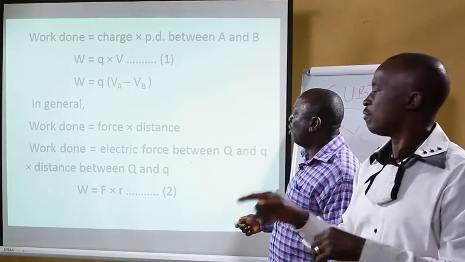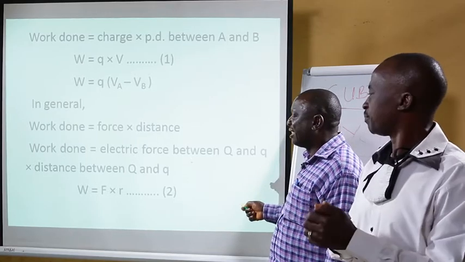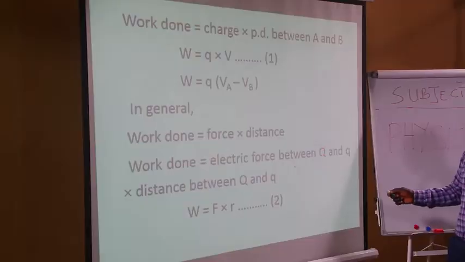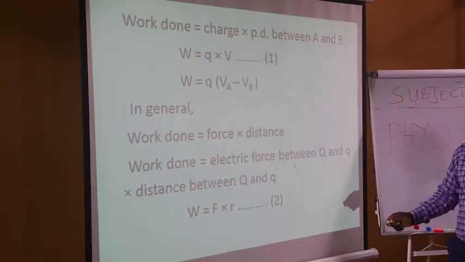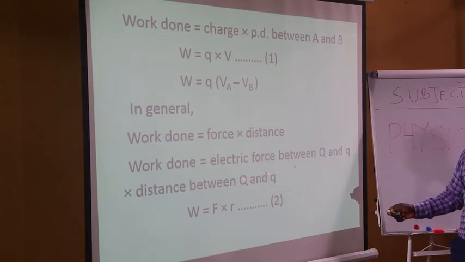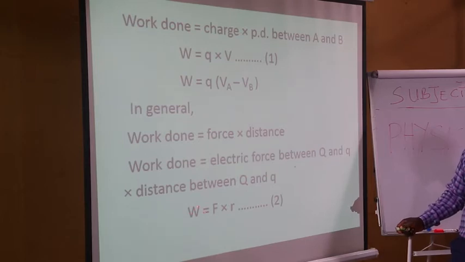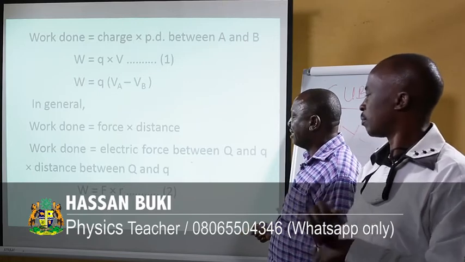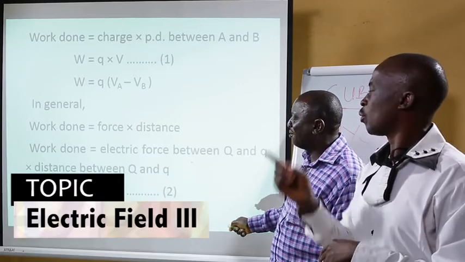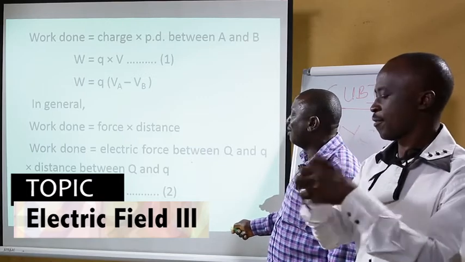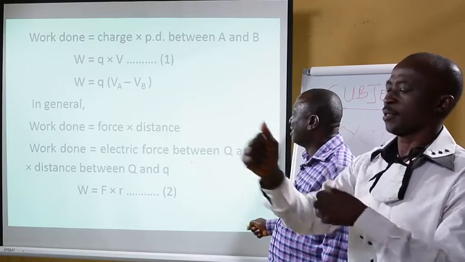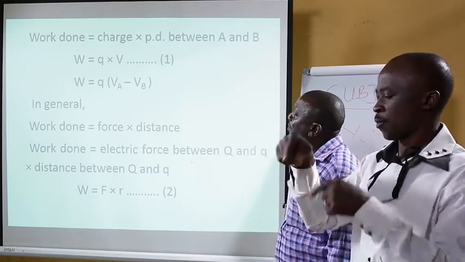Therefore, our work done in this case, where we are considering electric field, will be equal to the electric force between capital Q and small q times the distance between them. Mathematically, work done W is equal to capital F times small r, and we call it equation 2, where capital F is the electric force between the charges and small letter r is the distance between those two charges, capital Q and small q.